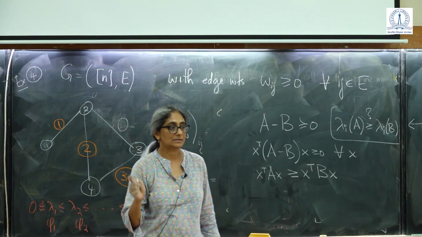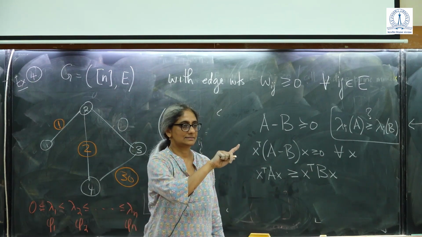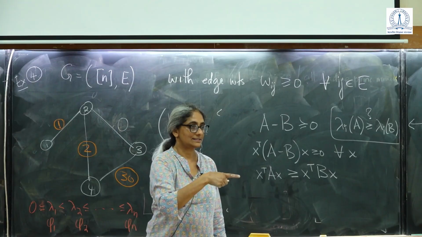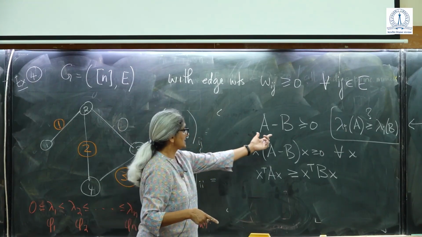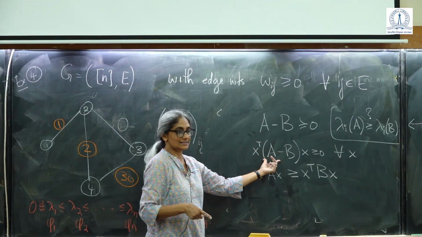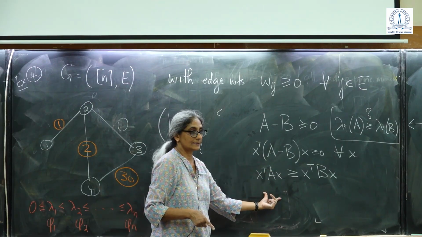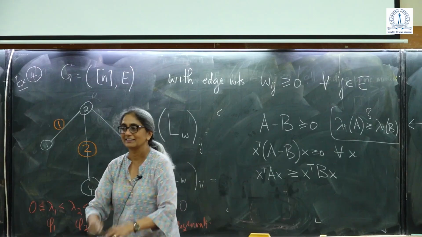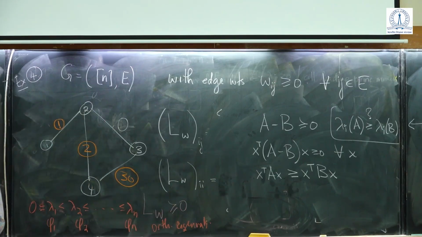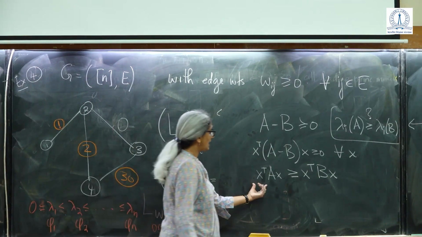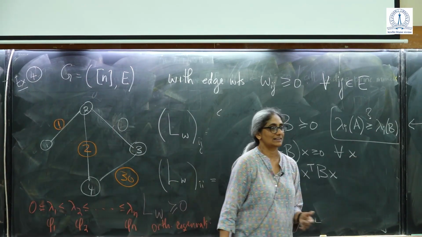Question? Somewhere? No. Okay. A minus B PSD implies this, right? This is the definition of PSD, quadratic form non-negative, which is the same as this. Now you can help me. This looks like something we know, right? How is this thing related to eigenvalues?